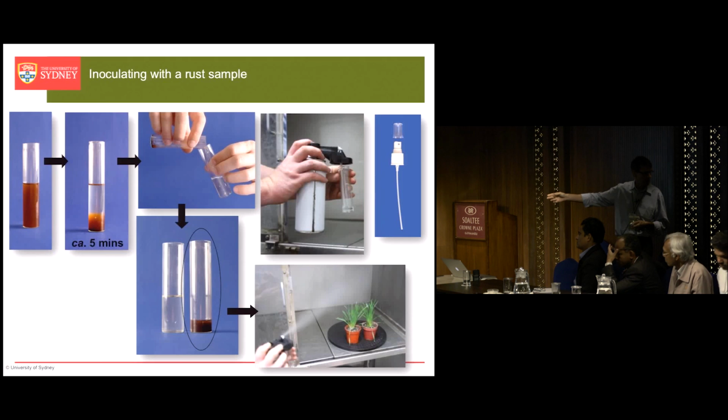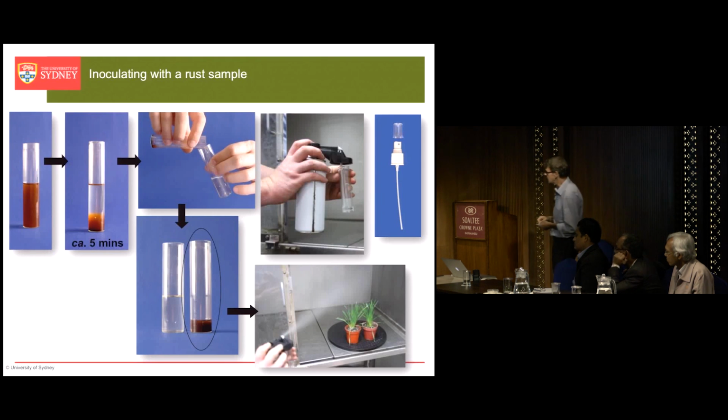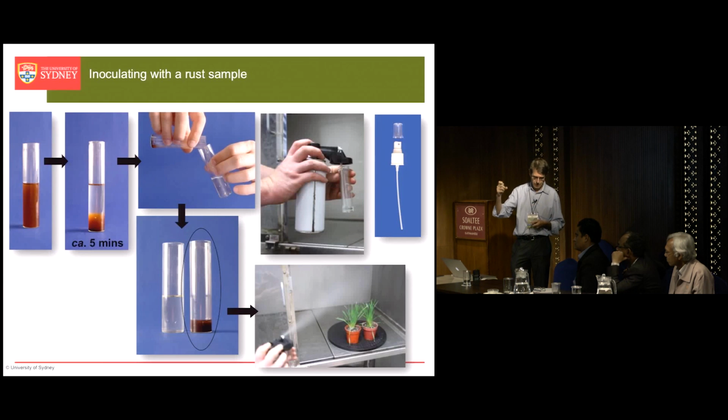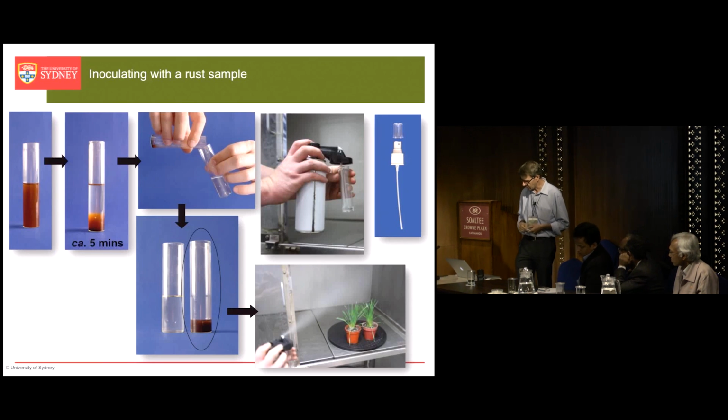And you can buy those things quite often if you buy deodorant or you buy other things that are atomised. You can keep the container when you're finished, rinse it out properly, of course, but use that to pump a suspension of rust onto some plants. So that's a very cheap alternative. It's not ideal. If you're doing lots of inoculations, your finger's going to get sore, but it does work, and you can use it just for small inoculations.